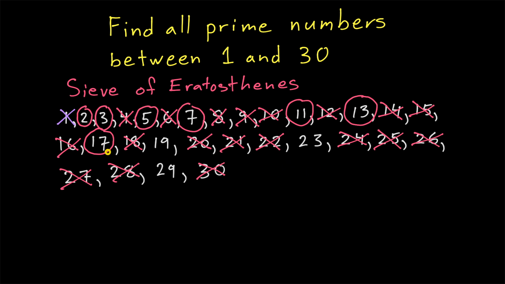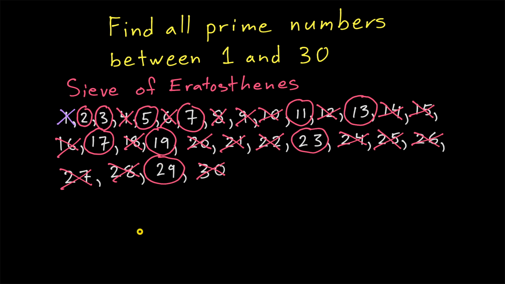So actually, after you reach beyond halfway of your list, so 17 is halfway in our list, then every number after that that is not already crossed out, you can just circle. So we can circle the 19, we can circle the 23, and we can circle the 29.